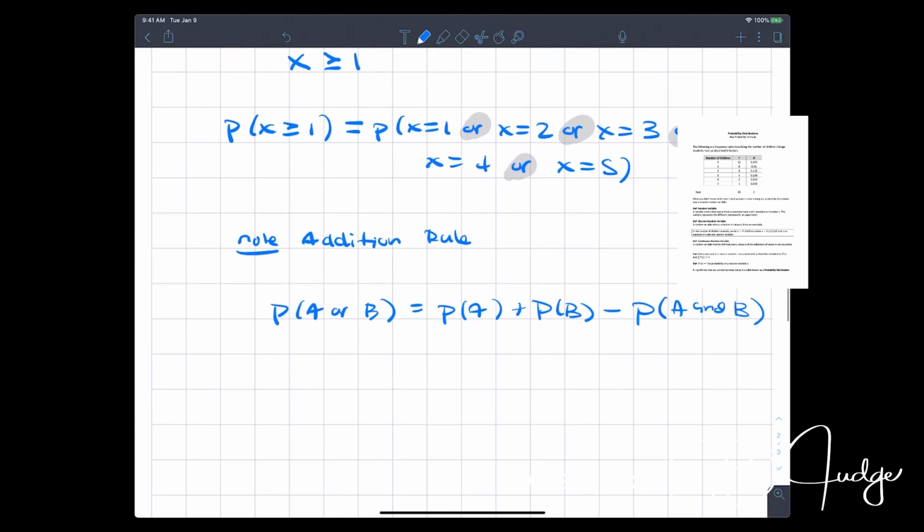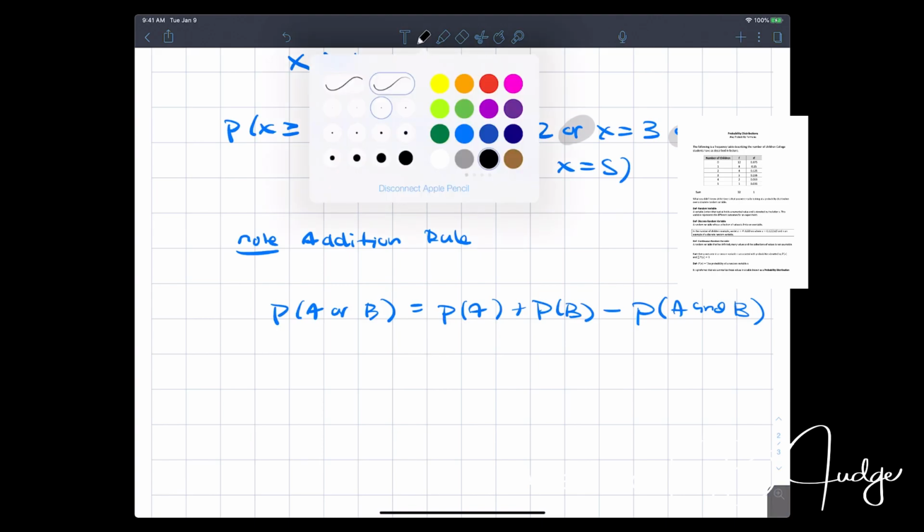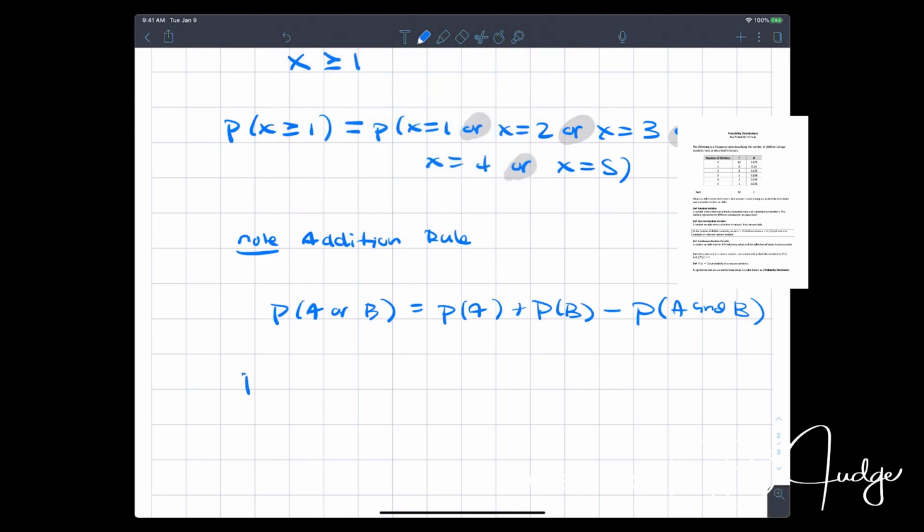So here's the situation for you guys, because they have to give you every detail. Let me just say to you, I have 0 children. What's the probability I have 1 child or I have 2 children?